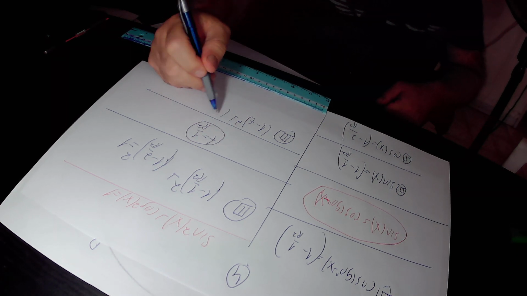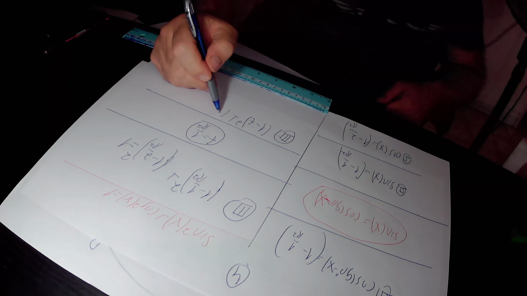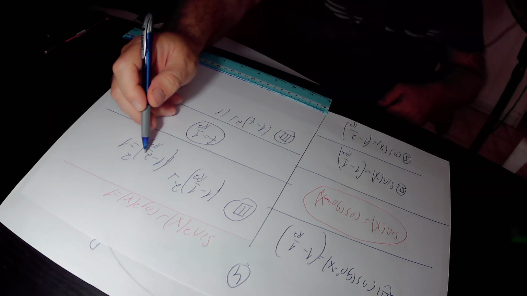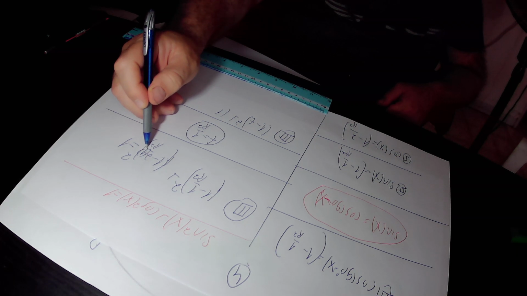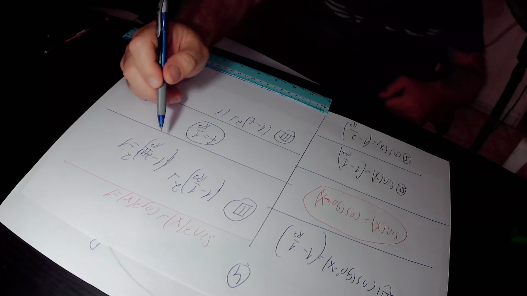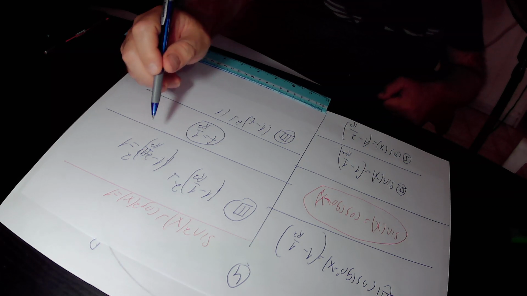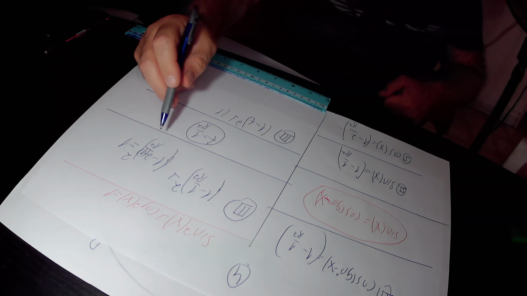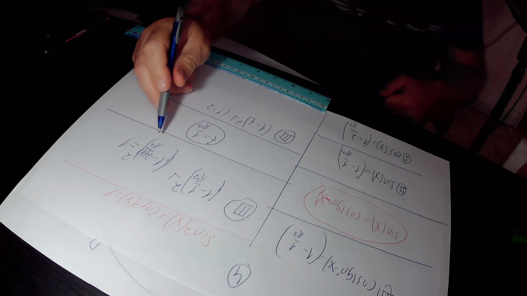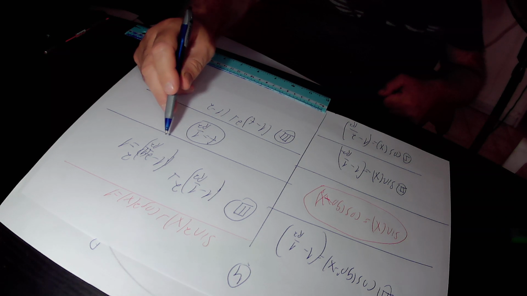Plus we have 1 minus 2 over R squared. Here we can multiply by 1, which is allowable, since multiplying any expression by 1 does not change its value. So we have 1 minus 2 times 1 over R squared, and 1 over R squared is t.